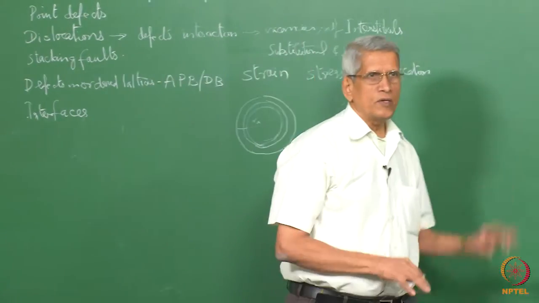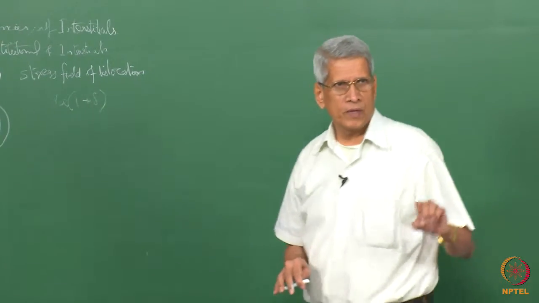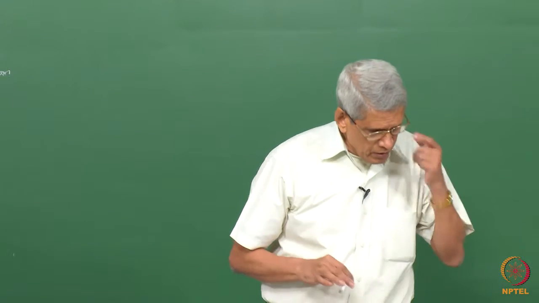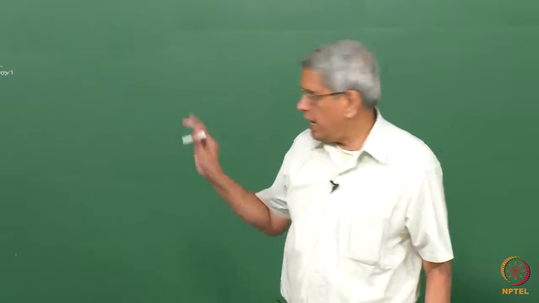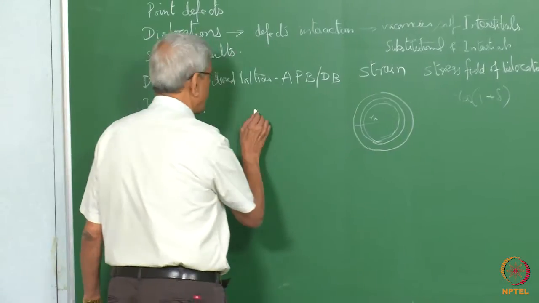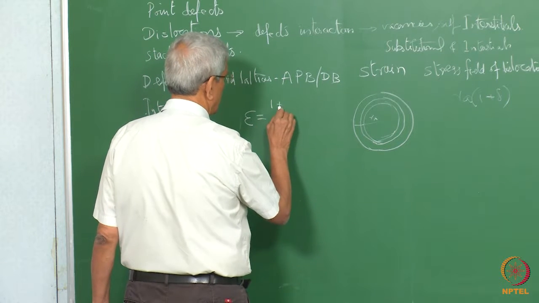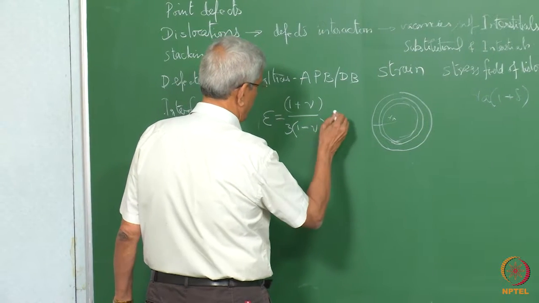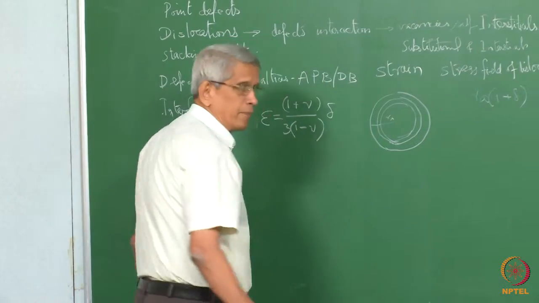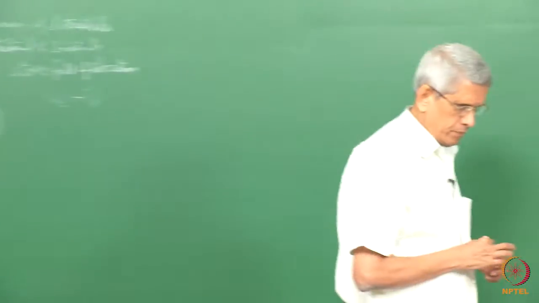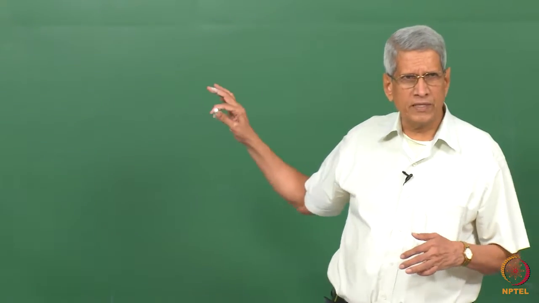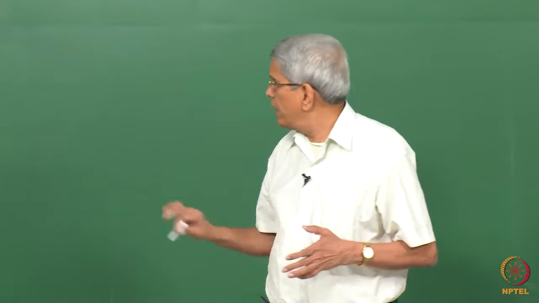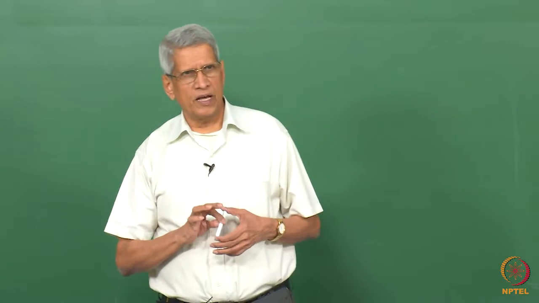That means the strain which is introduced into the lattice is not the same as the misfit, correct? One can find this out, and it is given by a relationship where epsilon will be equal to some factor times delta. This relationship we can derive from linear elasticity theory; I am only giving the expression. Essentially, strain and the misfit are related.